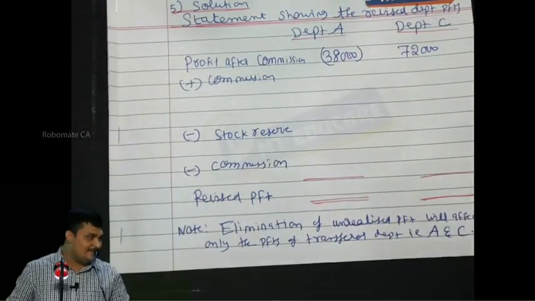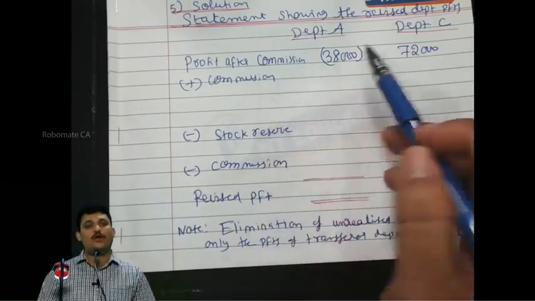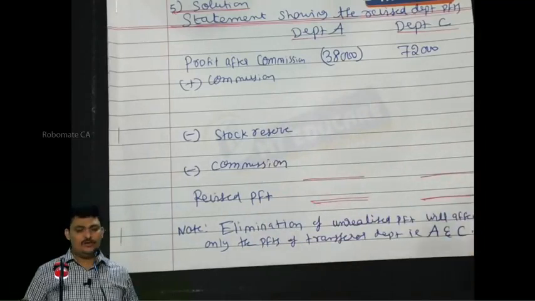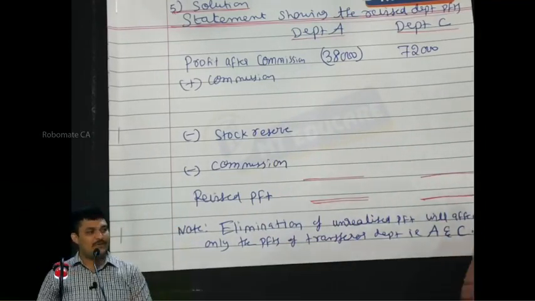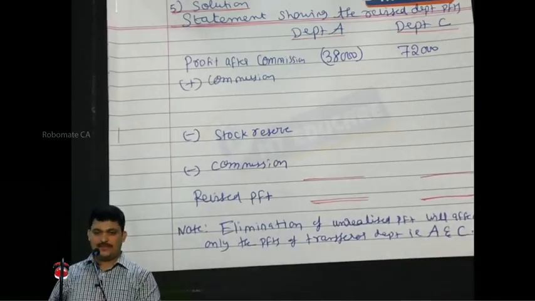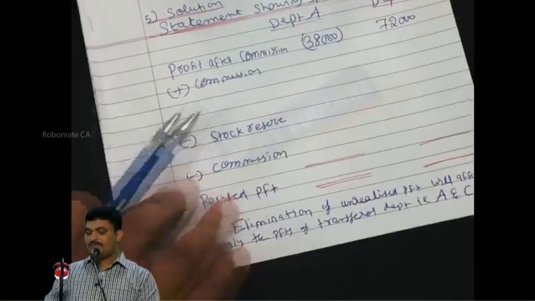Now friends listen. The commission which has been already deducted, I want to add back. Sir, commission deducted, how do you know? Departmental accounts have been already closed, which means managerial commission has been already computed. Now I should reverse the commission. The terms of the commission are 10% commission with a minimum of 6,000.